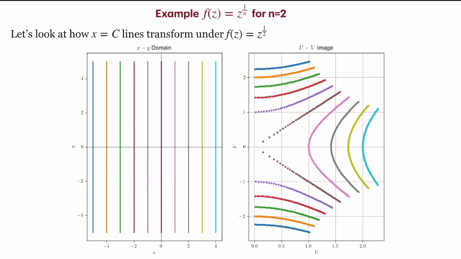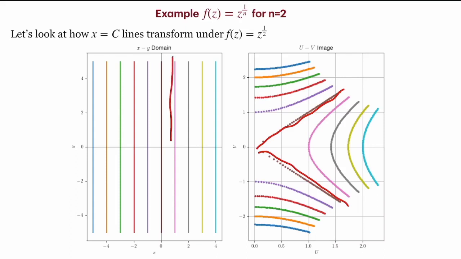Let's plot the set of curves x = constant. These are straight lines vertical, or parallel to the y-axis. x = 0 corresponds to the y-axis, and you can see that it is a straight line passing through the origin, making an angle of 90 degrees.